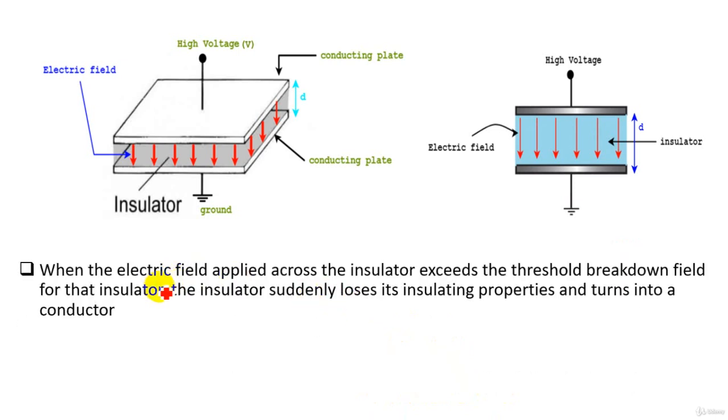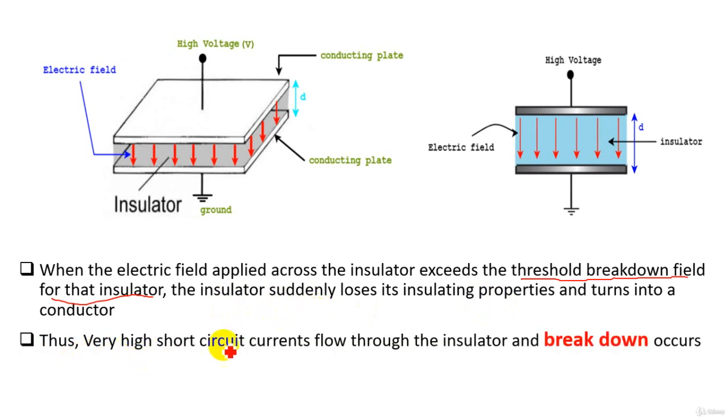When the electric field applied across the insulator exceeds the threshold breakdown field for that insulator, the insulator suddenly loses its insulating properties and turns into a conductor. So when the insulator is subjected to a very high voltage or a very high electric field, it will lose its insulating properties and turn into a conductor.